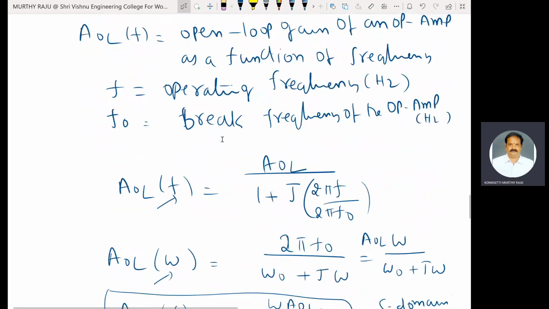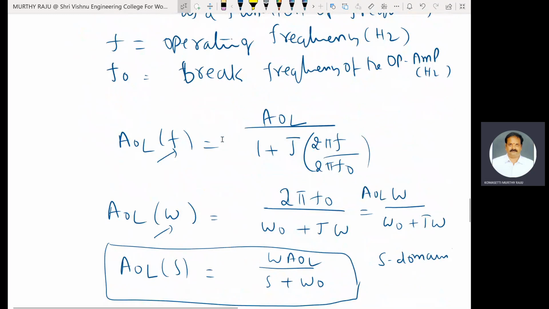Finally, AOL of f is equal to AOL by 1 plus j f by F0. 2 pi is multiplied in the numerator and denominator: 2 pi f, 2 pi F0. Here 2 pi f is omega, and 2 pi F0 is omega naught.